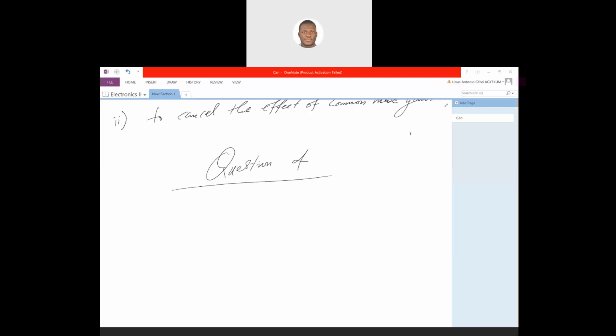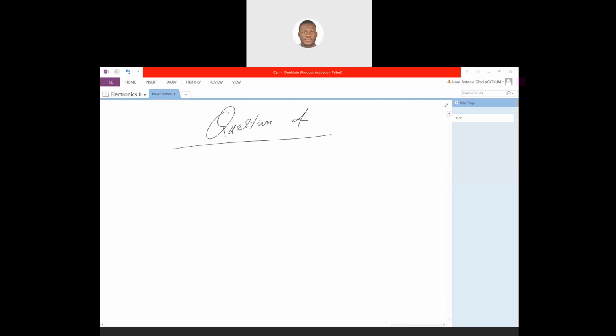Now, this is an application question. You are expected to really understand operational amplifiers before you can solve this question. However, I'm going to make it simple for you.